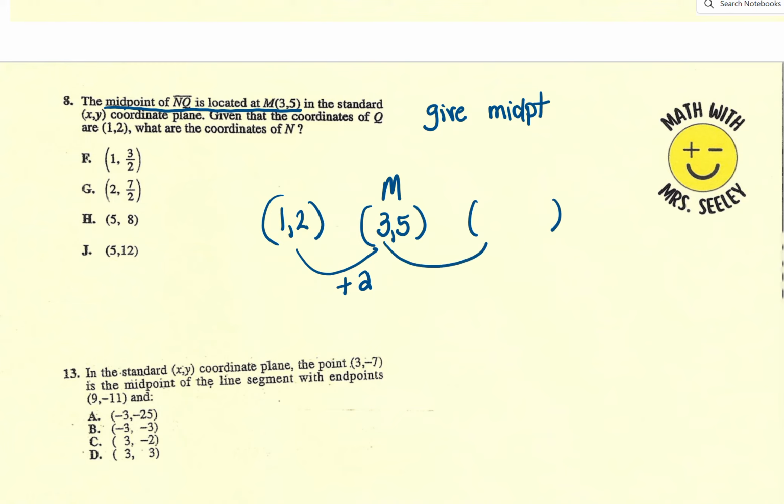So then obviously I need to add 2 to get to the other side. 3 plus 2 is 5, which means my answer is H or J. Then the next one, from 2 to 5, I add 3. So I need to add 3 again. And 5 plus 3 is 8, making my answer J.